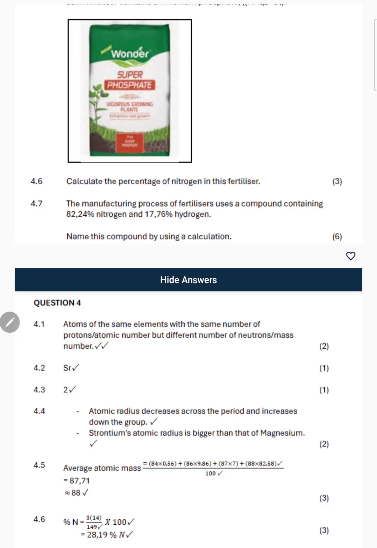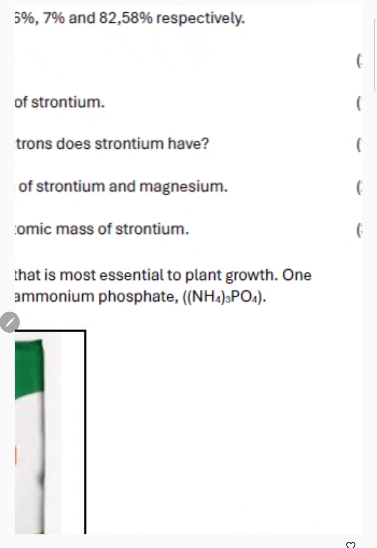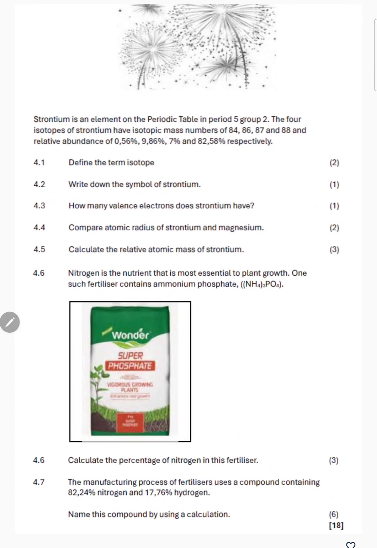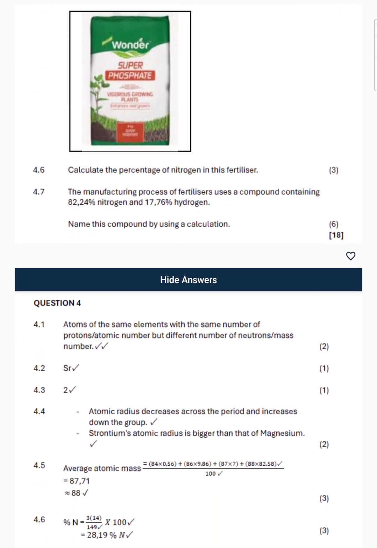But we are specific: we want the percentage for nitrogen.